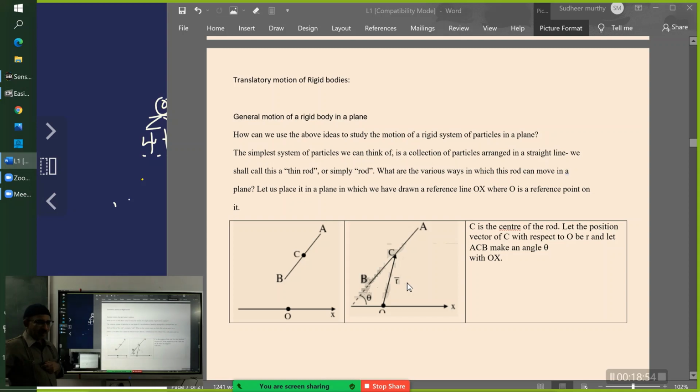Theta is the same. I said it will have another position C dash, and the line A dash C dash B dash, when it intersects X, the angle theta will not change.